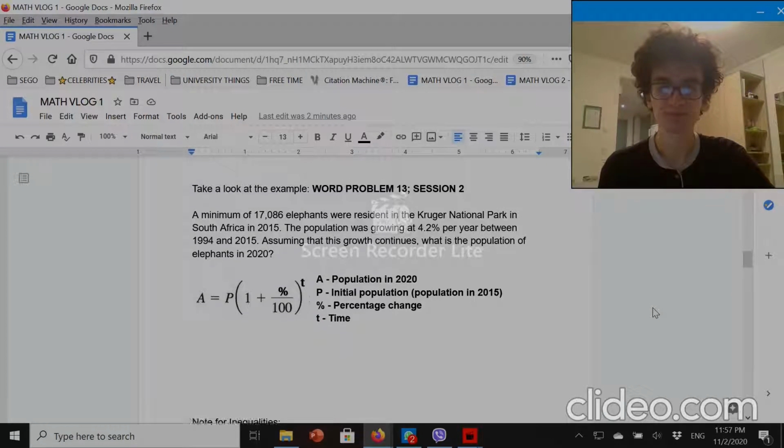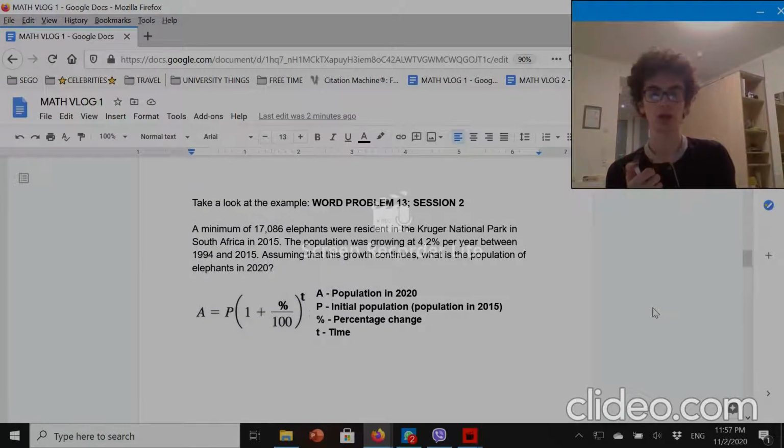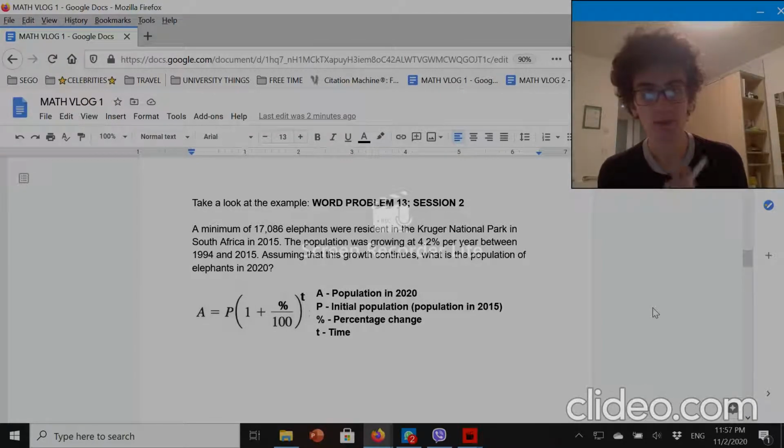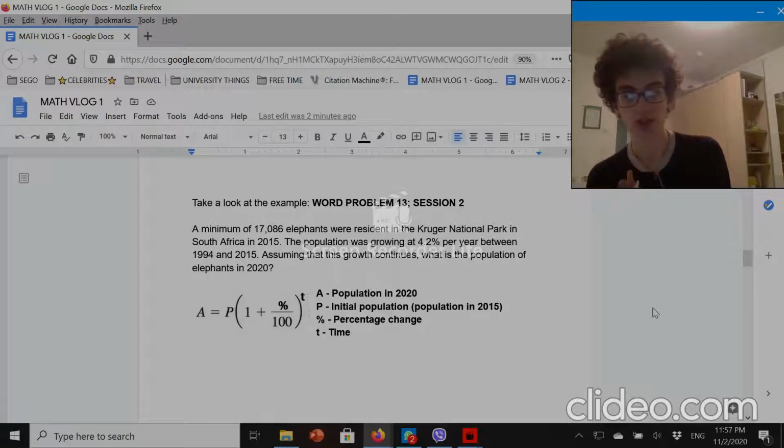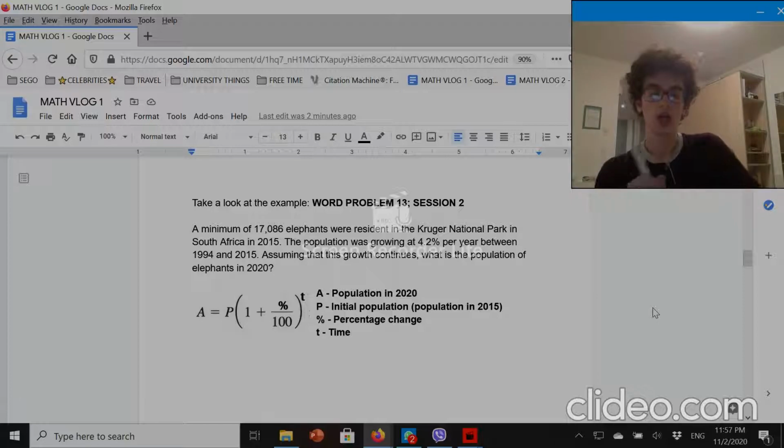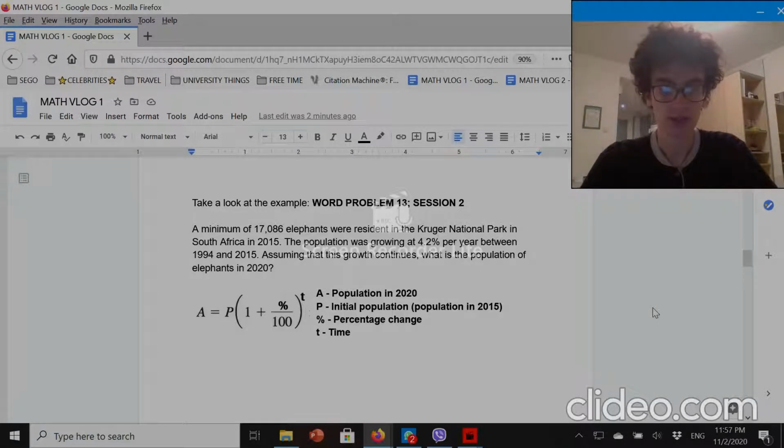So I picked an example which was actually provided to us in one of the slides. It was for session 2 actually. It's word problem 13, so I didn't come up with this exercise. It's on the slides, you can check it. The exercise basically says a minimum of 17,086 elephants were residents in the Kruger National Park in South Africa in 2015.